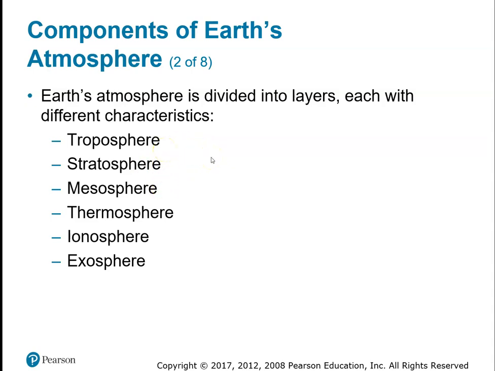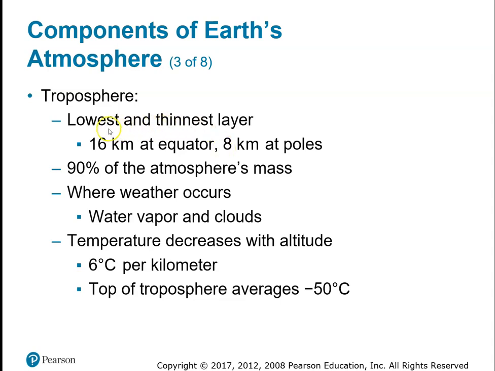All right, so the lowest part, the troposphere, goes up almost 20 kilometers above the surface of the Earth. And again, about 90% of the atmosphere is there. That's where all the weather takes place. That's where all the clouds are, even really, really high clouds, which we'll talk about a little bit later in a different chapter.